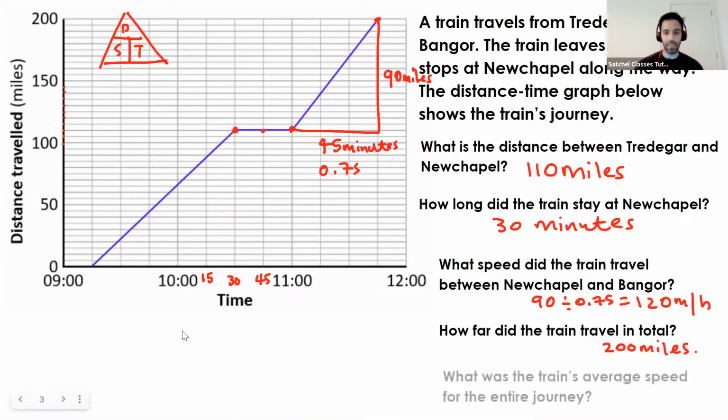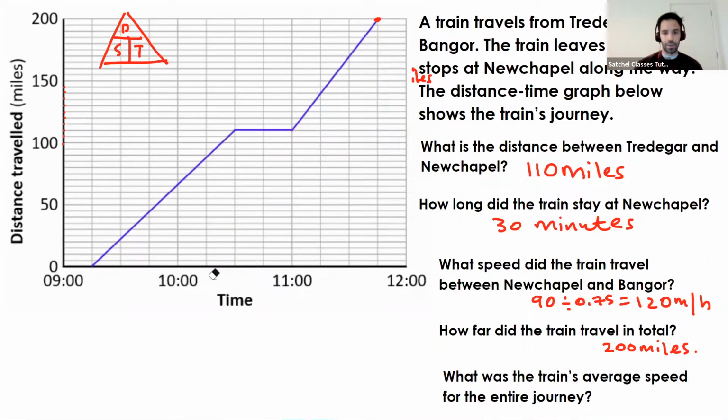And then lastly, the question says, what was the train's average speed for the entire journey? So what we need to do here, if I just rub some of this out.